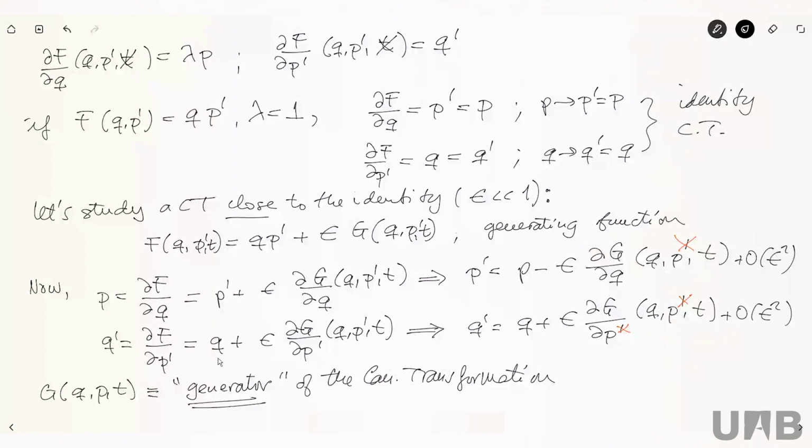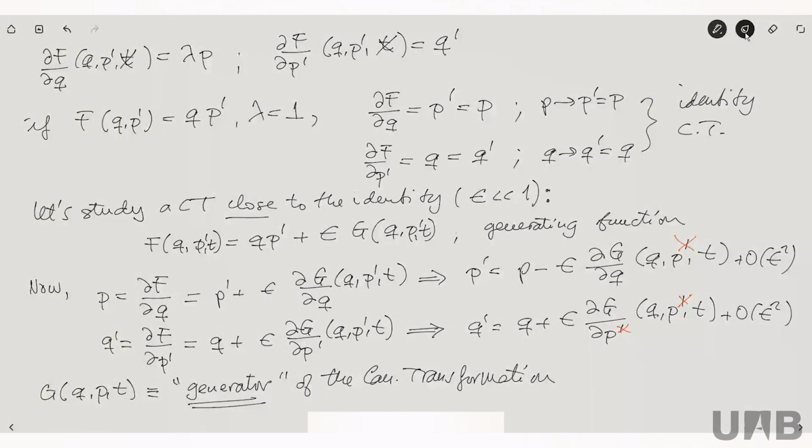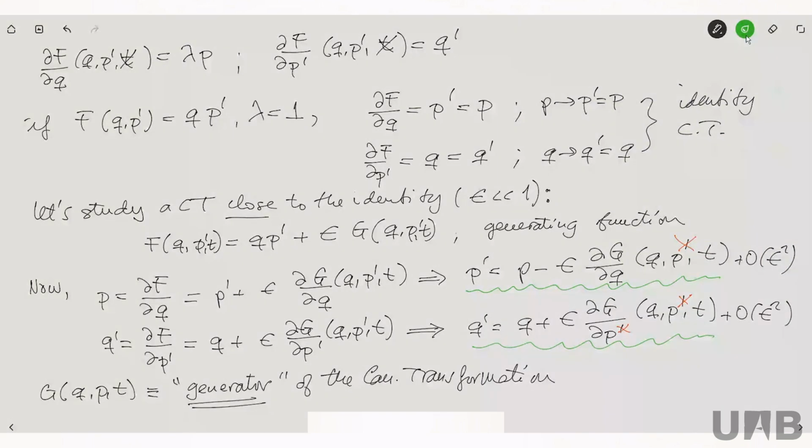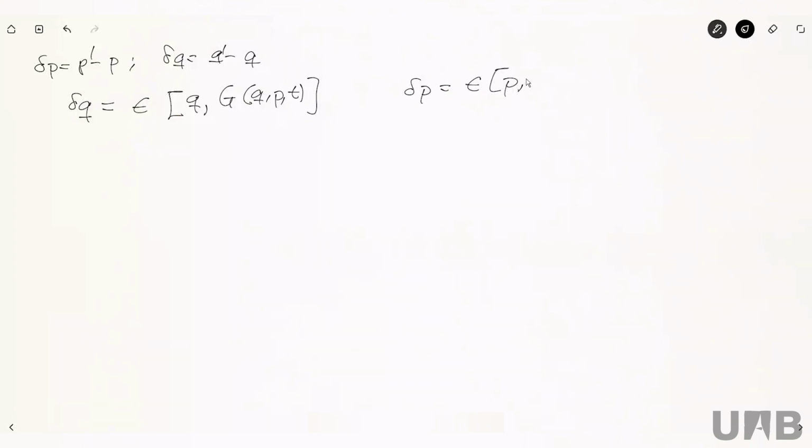Now, if we look at these two equations, stopping at order epsilon, we realize, surprise, surprise, calling delta P, P prime minus P, and calling delta Q, Q prime minus Q, with a clear lack of imagination, the previous equations read delta Q equals epsilon times the Poisson bracket of Q with G, and delta P equals epsilon times the Poisson bracket of P, again with G. So this is already interesting, right?